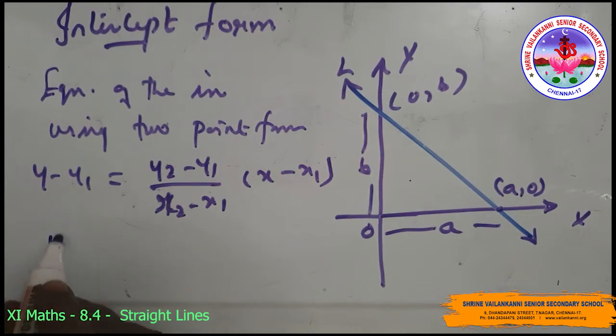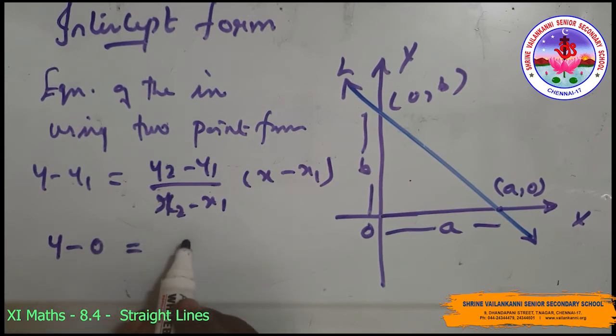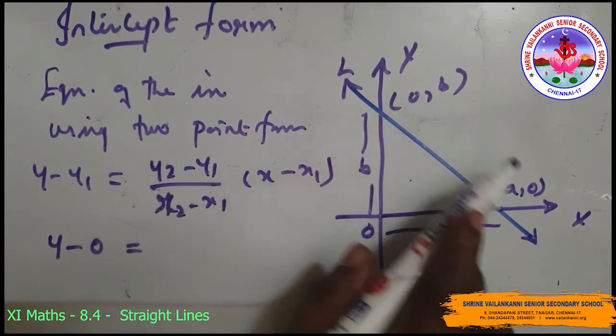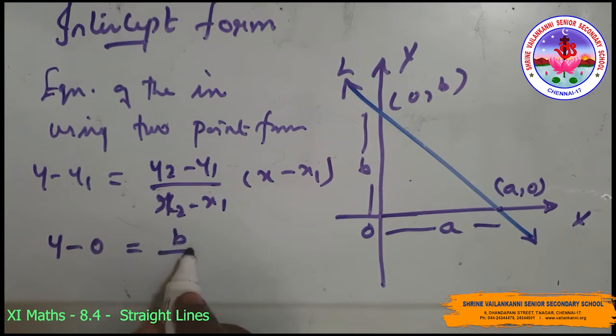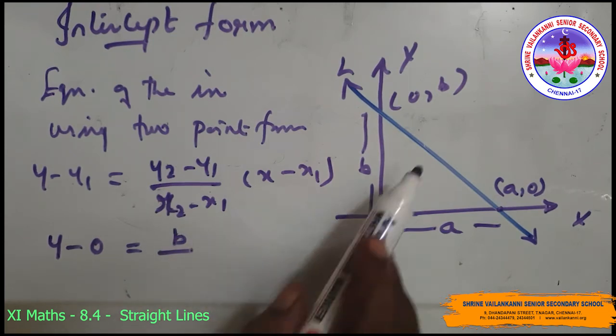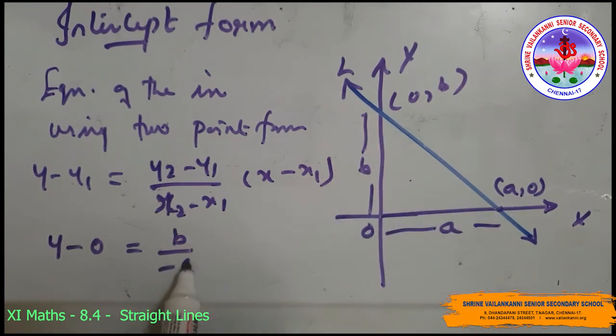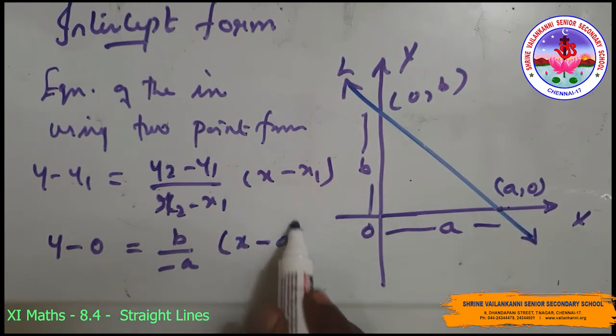So y minus 0 is equal to (b minus 0), which is b, by (0 minus a), which is minus a, into (x minus x1), where x1 is a.